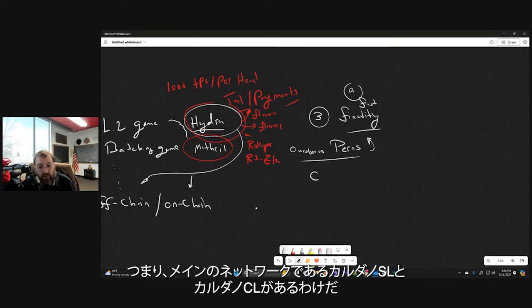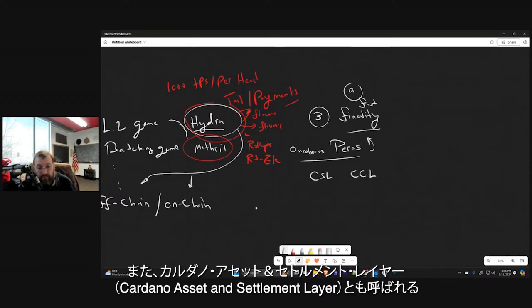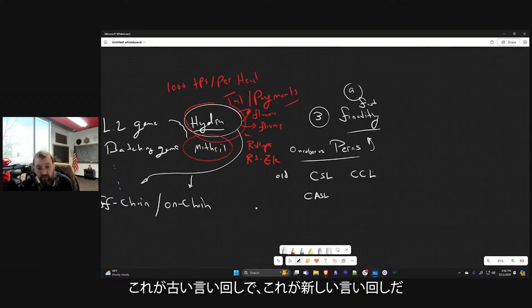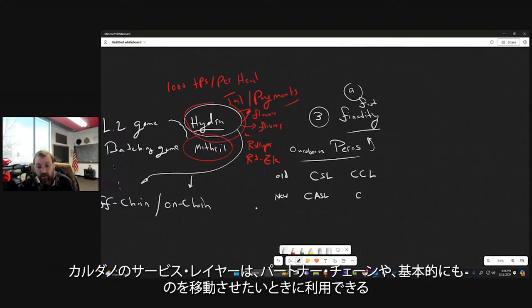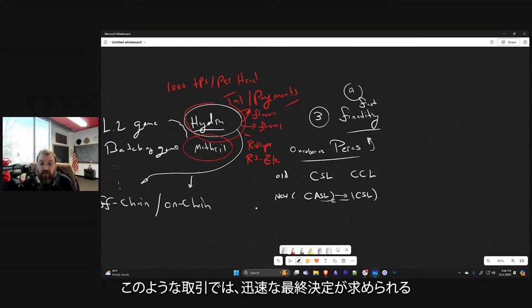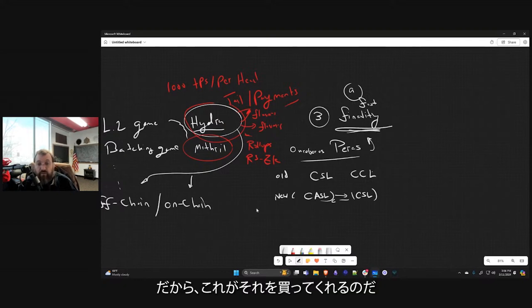So you have Cardano SL, the main network, and then Cardano CL. And we also call it the Cardano asset and settlement layer. So this is the old parlance, and this is the new parlance, and Cardano service layers. So partner chains. And basically, when you want to move stuff back and forth, you want fast finality in that transaction. So this is what buys that for you.